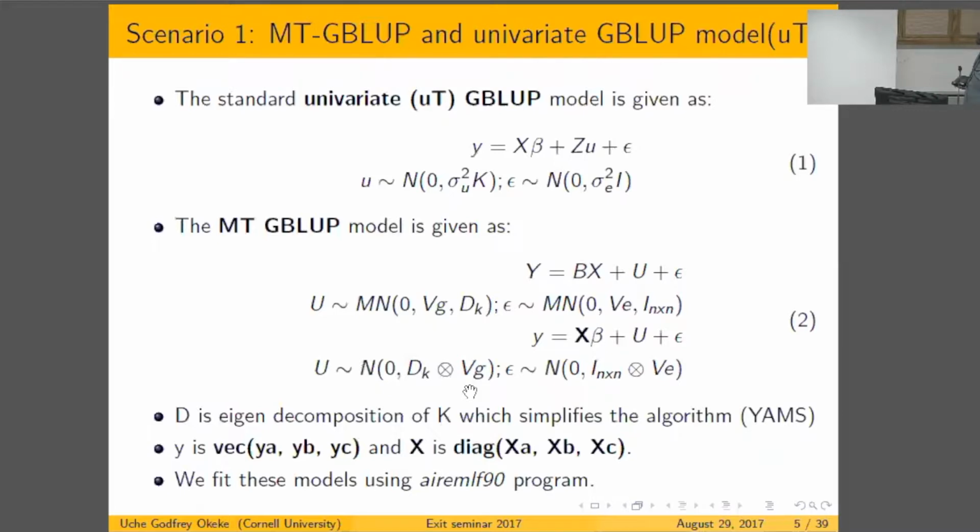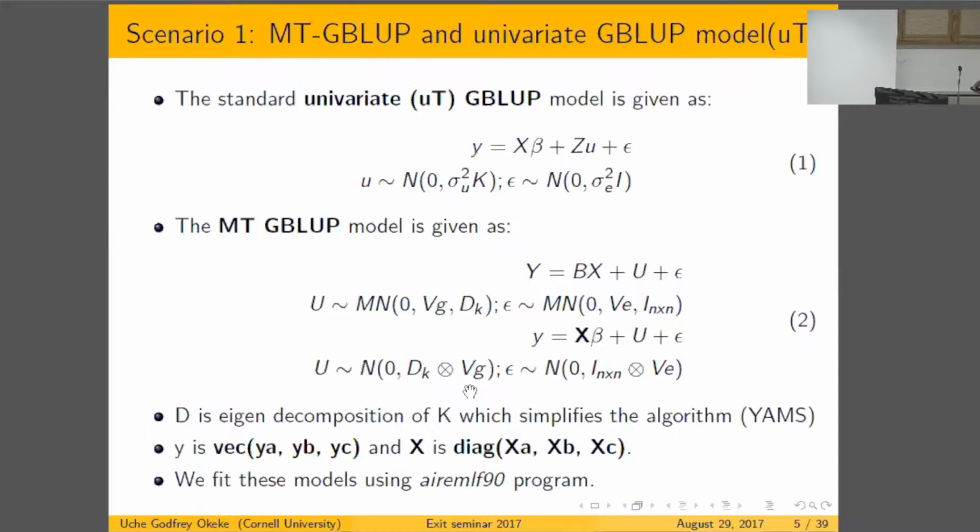But in this case, the Y becomes a long vector of stacking the traits together. Okay, so a couple of things here: Y is a stack of many traits, and the X, which is our fixed effect, we use location trials nested within year, nested within locations as fixed.